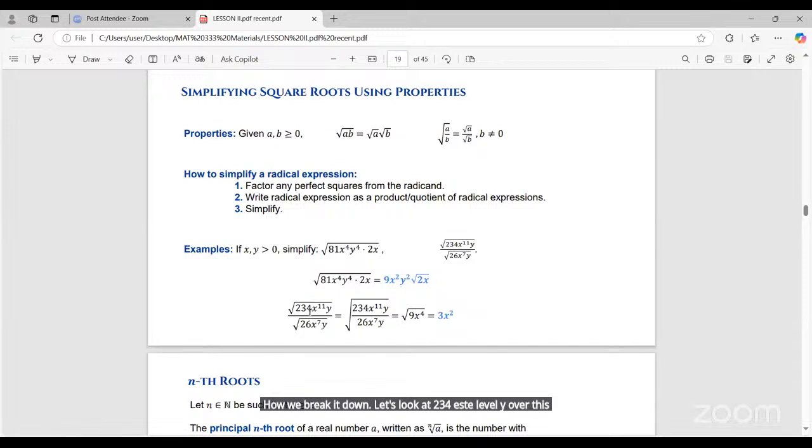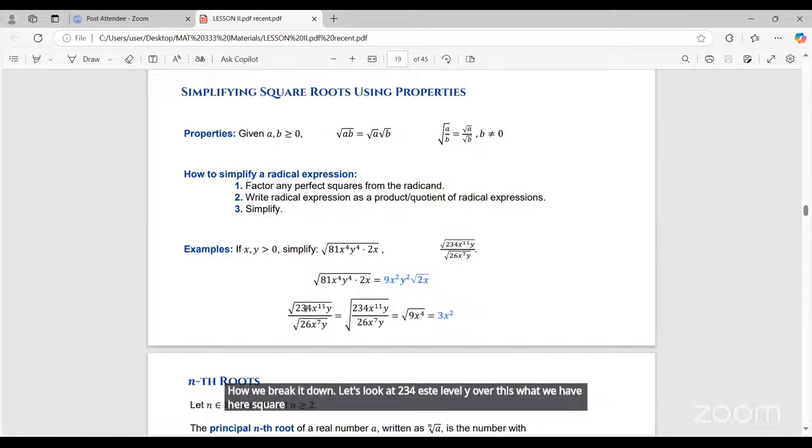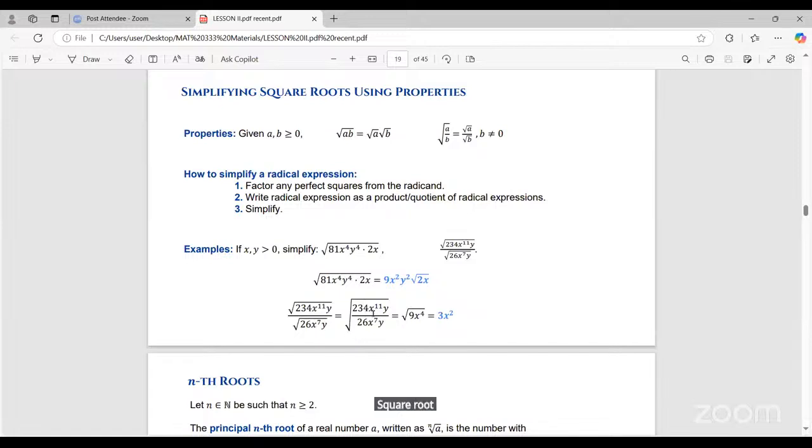What we have here is the square root of 234 x to the power 11 y over the square root of 26 x to the power 7 y, which is the same thing as the square root of 234 x to the power 11 y over 26 x to the power 7 y.